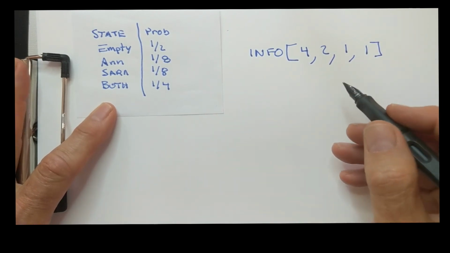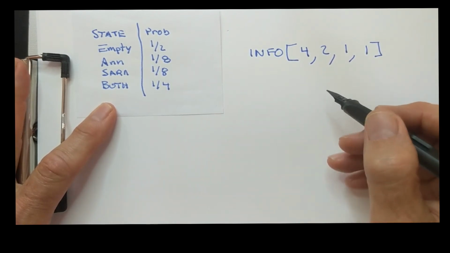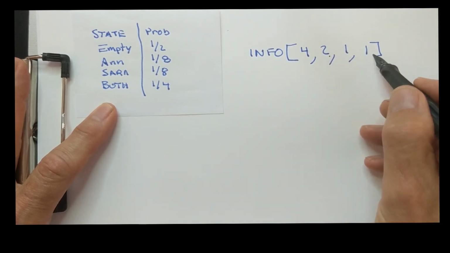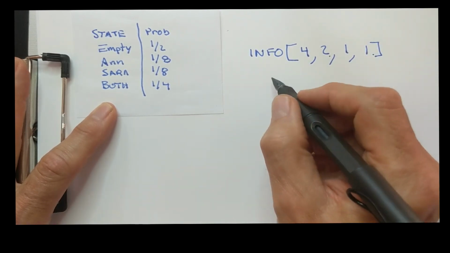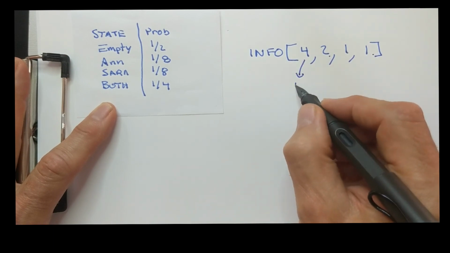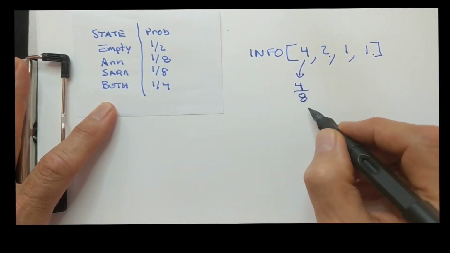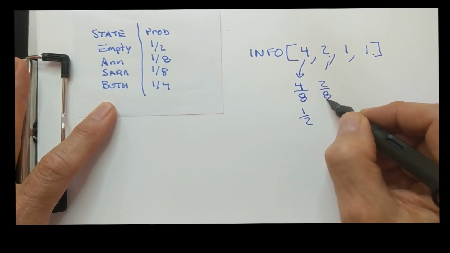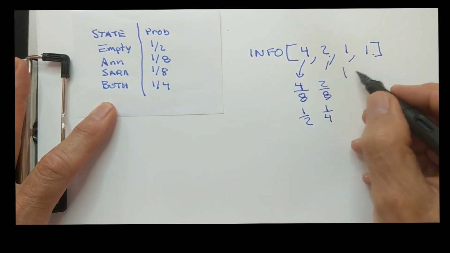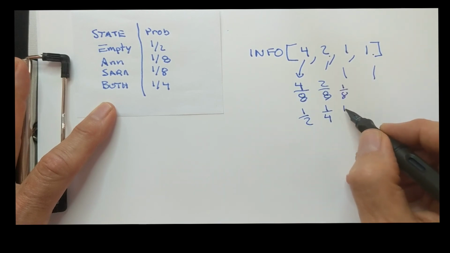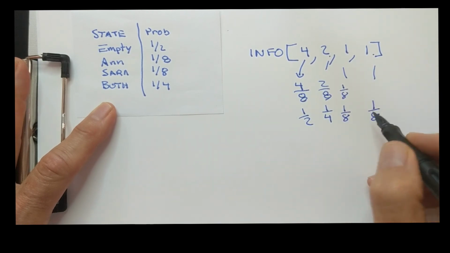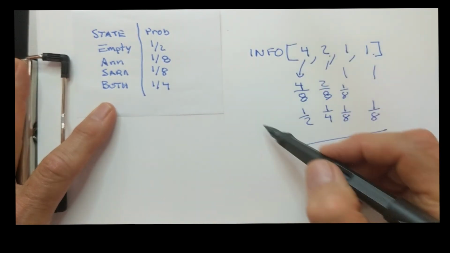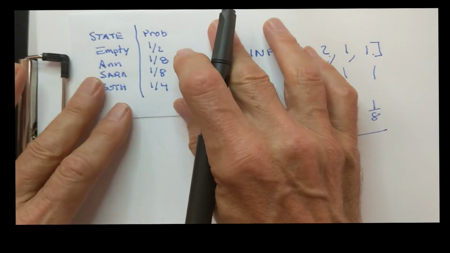We might see that in the literature, and we simply translate it into probabilities. There's 4, 5, 6, 7, 8 total possibilities here. So this 4 gets translated into 4/8 or 1/2. This is 2/8 or 1/4, and these are both 1/8. After we have that, we just use the standard Shannon probability. So sometimes you'll see this info occur.